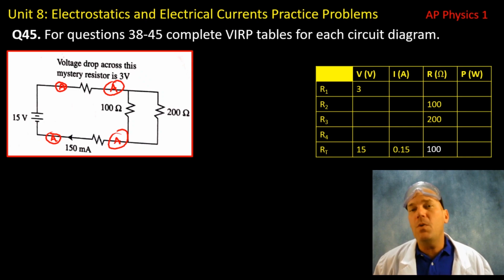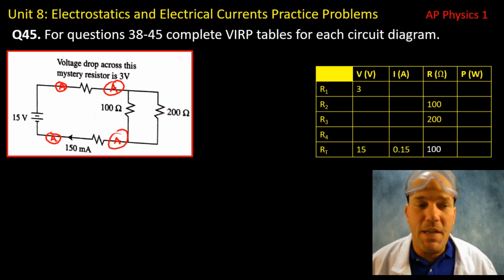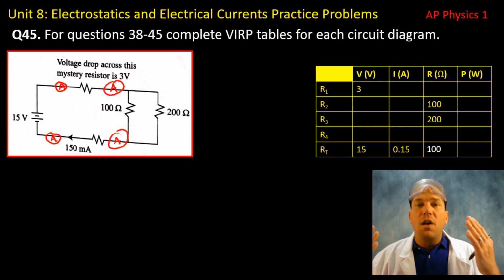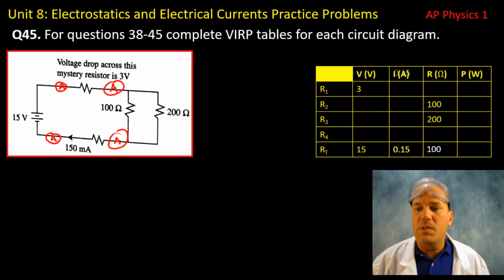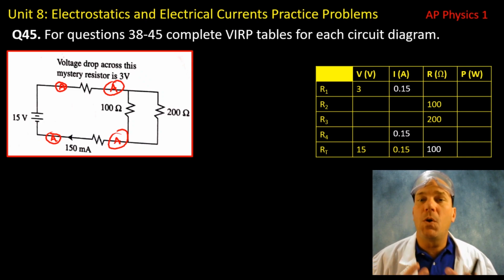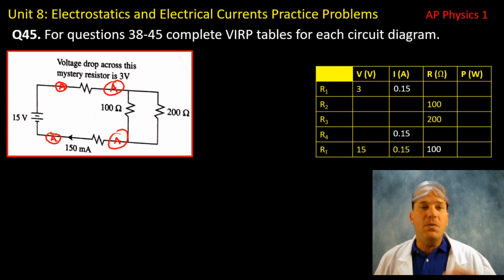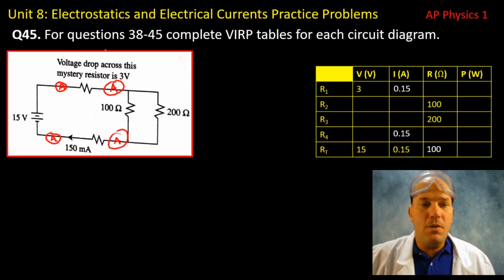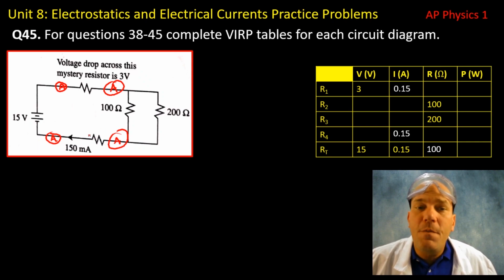Okay. So the next step would be to go ahead and calculate the resistance across the entire circuit. We have 2 out of the 3 variables for Ohm's law, so we can take 15 and divide it by 0.15, and we know the overall resistance in this circuit is 100 ohms. Since we know the total current, we also know the total current going across R1 and R4.